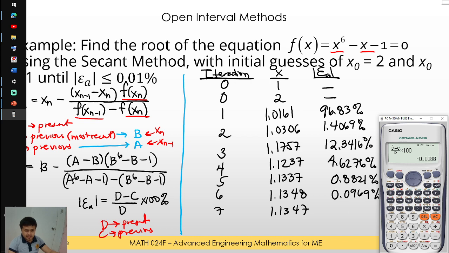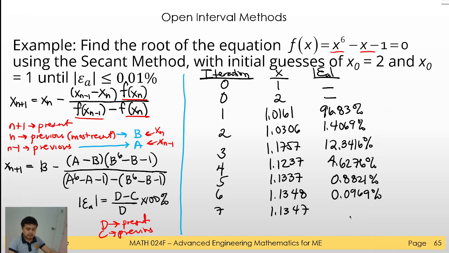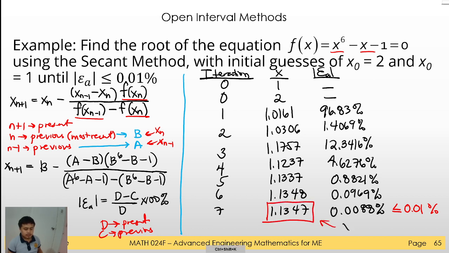So this will be 0.0088%, which is less than or equal to 0.01%. Therefore, the stopping criterion is met. The final answer for the approximate root, x tilde, is equal to 1.1347. All right, so that's all for this example.